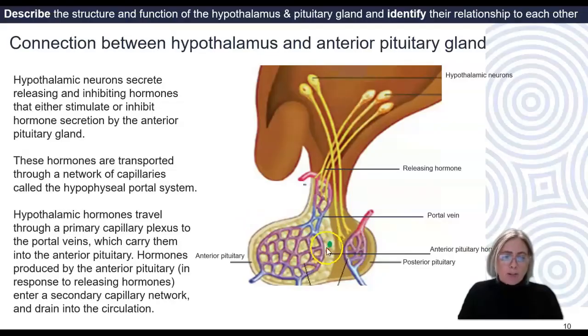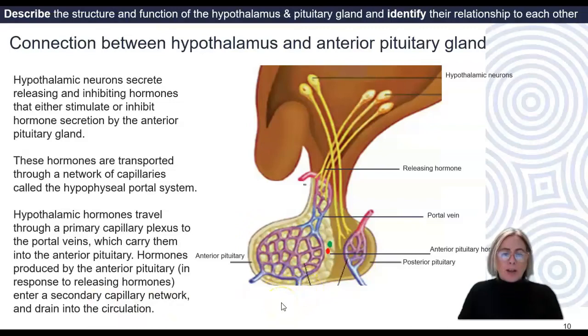And then hormones shown here via this red ball, produced by the anterior pituitary in response to the releasing hormones, then enter the secondary capillary network and drain into the circulation. And then they're transported to their targets to have their effect.